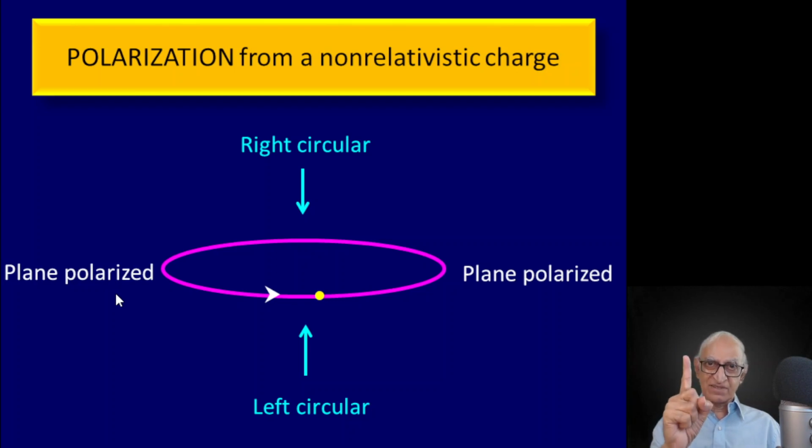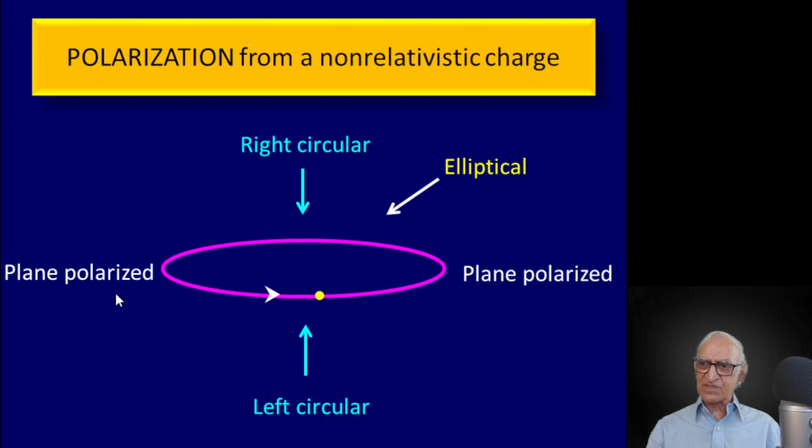It could stay fixed, in which case you say the radiation is linearly polarized, or it could go around like this once every cycle. Then you will say the radiation is circularly polarized, right circular or left circular, depending upon the helicity. Or if there is no pattern at all, you will call it unpolarized radiation. That simply says that averaged over a period, there is no preferred direction for the orientation of the electric field. That is what unpolarized radiation means. But at every instant of time, the radiation is polarized.